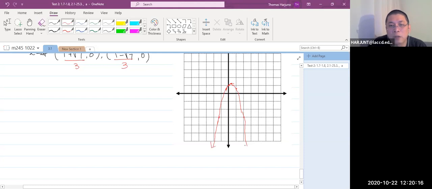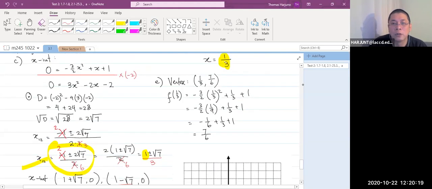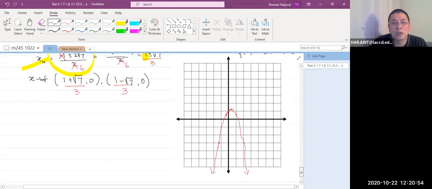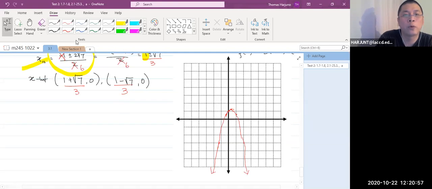Yeah, you stretch that by a factor of 3/2. So the standard form will be f(x) equals negative 3/2 times (x minus 1/3) squared plus 7/6. That's the standard form. Okay, now that's basically it for this 3.1.